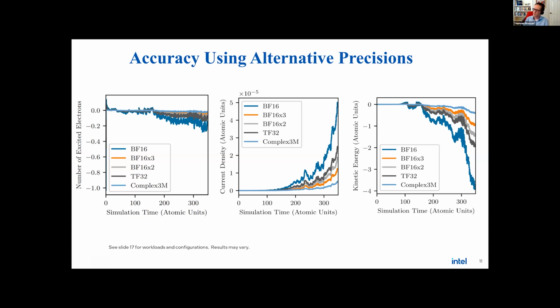Similarly, the same can be said for current density and the number of electrons. The number of excited electrons that we're looking at is typically in the order of about 600, 700. So we're within 1, again, for this time frame. If you run this for an extremely long duration, it's possible you could get a significant buildup.